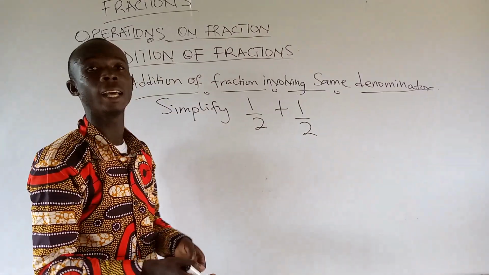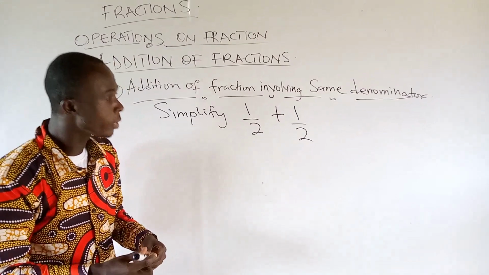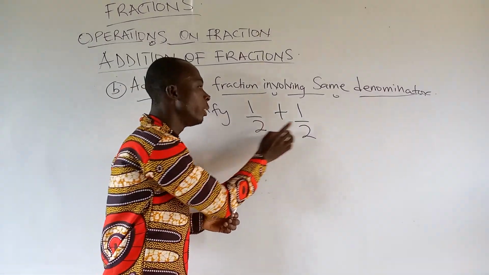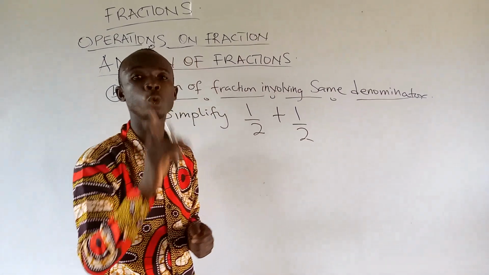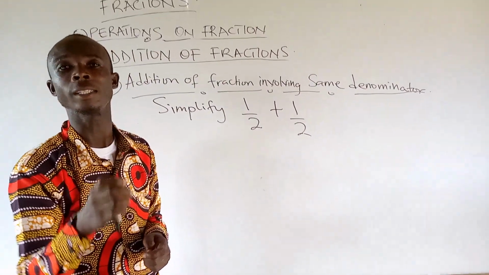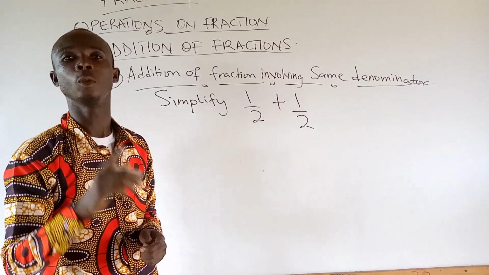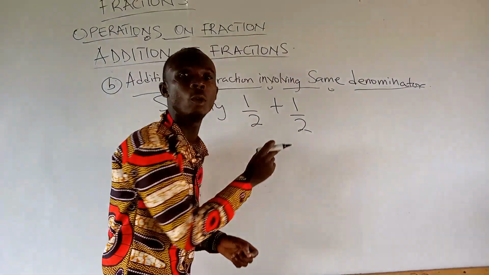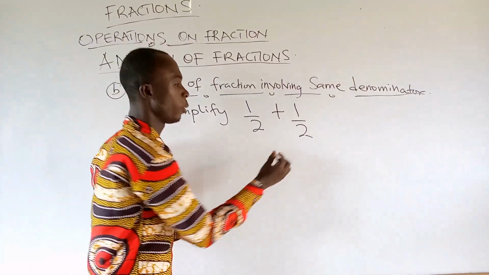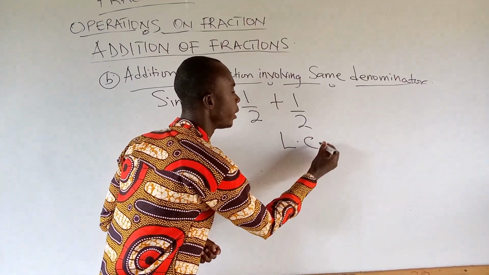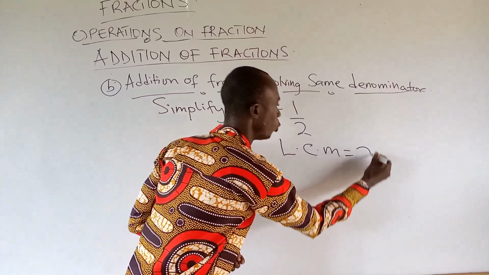So we find the LCM. And always, if you are given the same denominators, you choose one of the numbers as your what? LCM. Because they are same what? Denominators. So you write your LCM as what? 2.